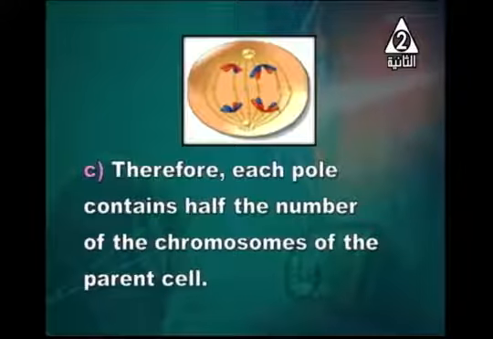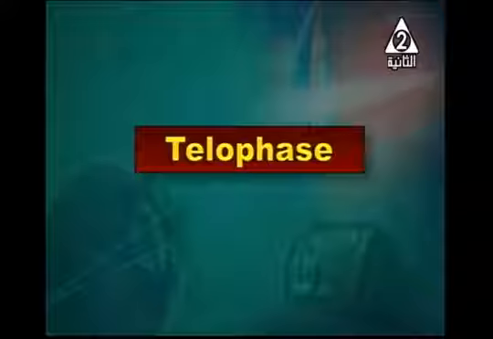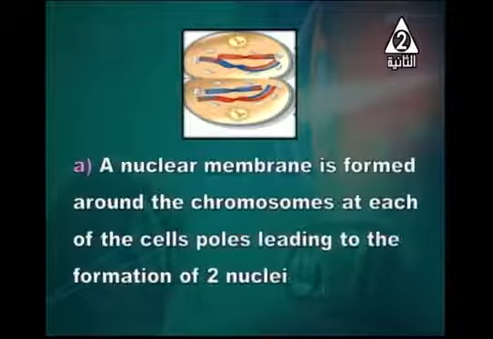The last stage in the first meiotic division is telophase 1. In this stage, the nuclear membrane is formed around the chromosomes to form the nucleus, which surrounds half the number of chromosomes at each pole, leading to the formation of two nuclei.